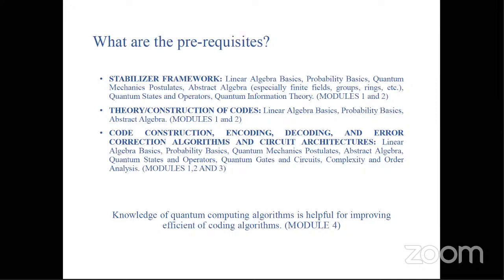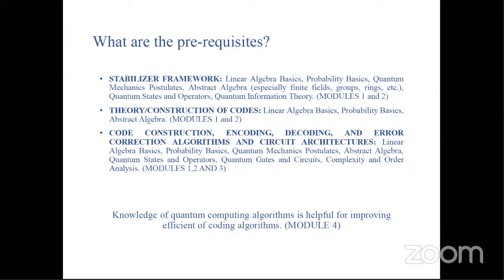We need to reliably correct the errors. So that's why we need probability basics. And we need quantum mechanics postulates, because whenever we are building any circuit, or doing any processes, or building any theories, we need to abide by these postulates.